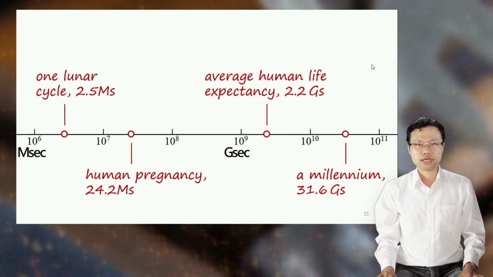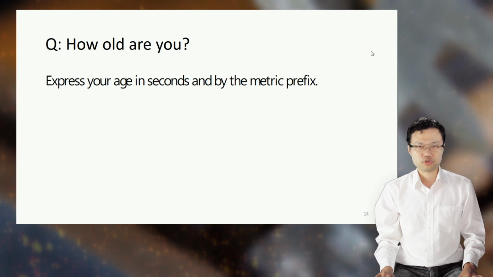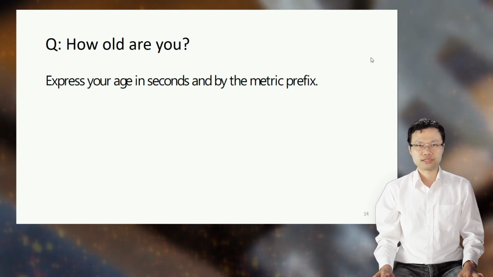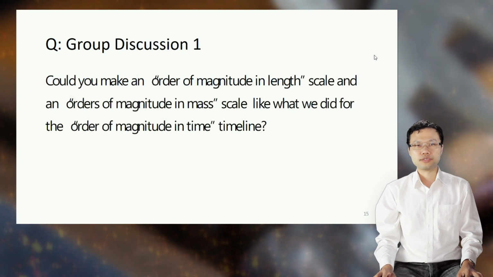Finally, as a practice of using the metric prefix, please answer this question. Please try to express your age in seconds and express it by the metric prefix. We also have two questions for your group discussion.